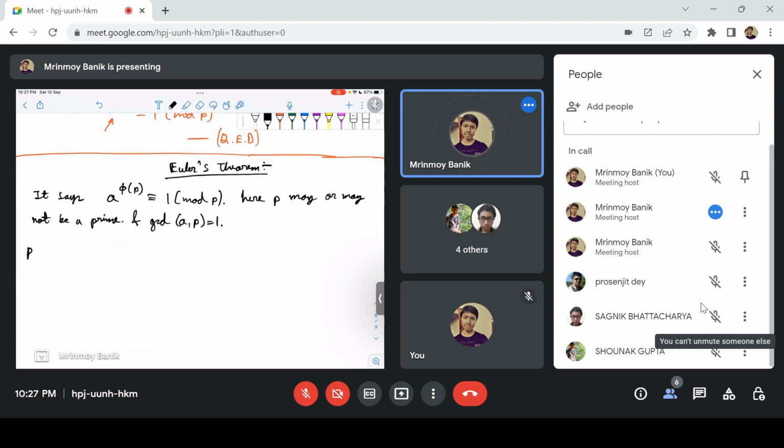Right, so the proof is exactly similar to the previous one.